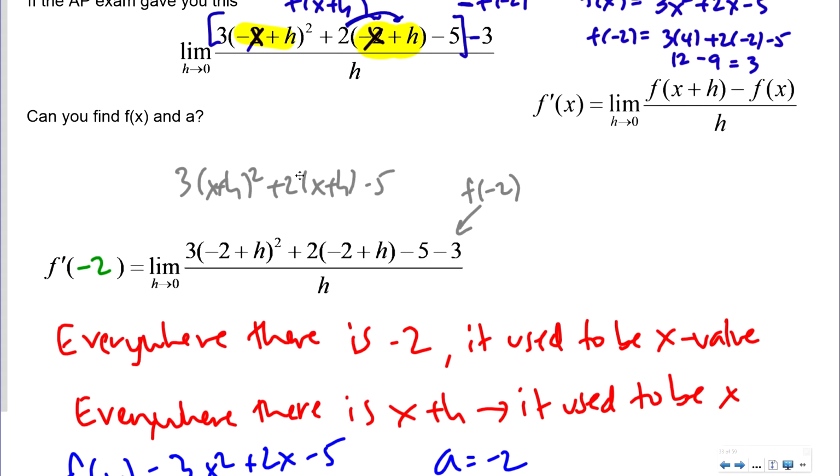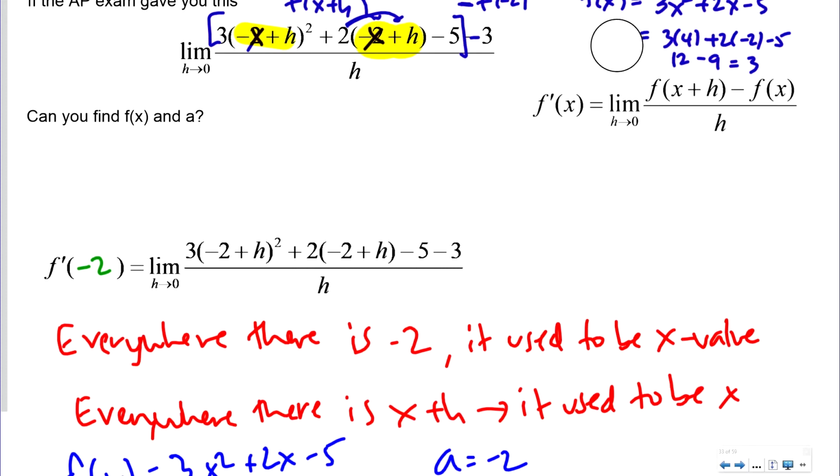But you could also say, hey, if the function is 3x squared plus 2x minus 5, the derivative is 3 times 2, which is 6, carry down the x, take the power down by 1, plus 2 times 1, which is 2, carry down the x, take the power down by 1, which is 0, so that just becomes 1. And then minus 5 times x to the 0. 0 times 5 is 0, so whenever you have a constant, the derivative is 0. So, bam, I can get the answer right here.